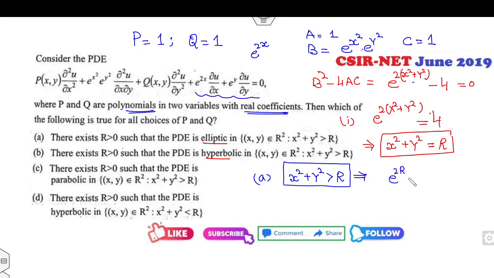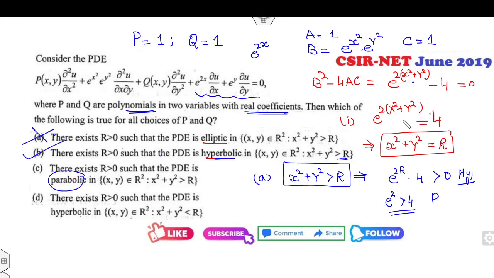So this is e raised to power 2r minus 4. When r is positive, e square, you can choose any number r which is greater than 0. So e square is always greater than 4. That means once it is greater than 0, it is hyperbolic. The first one is elliptical, cancel out. Look at this one. When it is greater than r, it is hyperbolic, correct option.